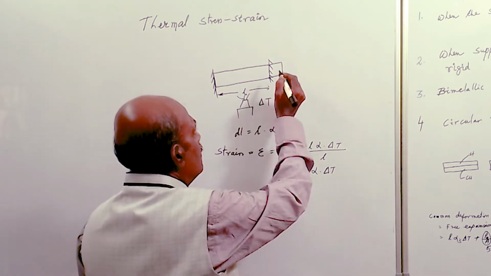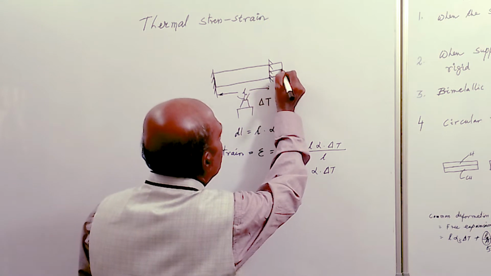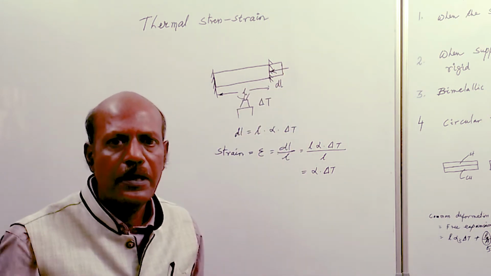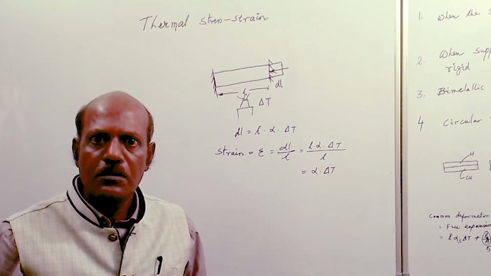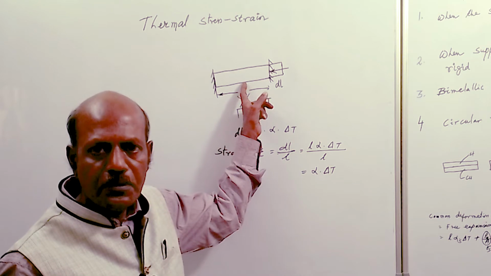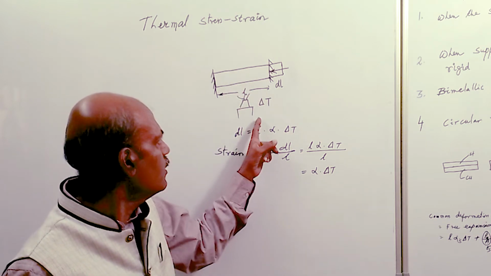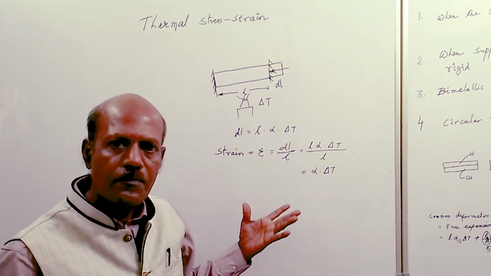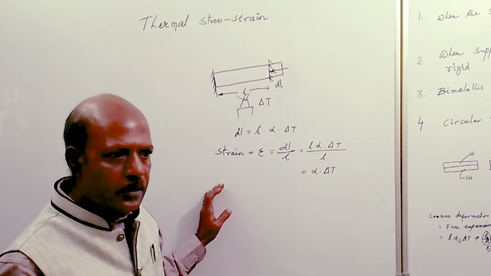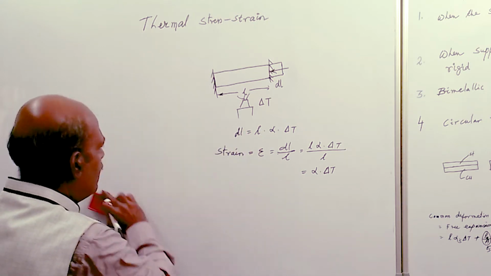In other words, the support will compress the member by dl amount, thereby a compressive stress will develop in the bar. So the kind of stress developed in the bar, if the temperature is raised, is compressive stress. I hope it is clear, and we will find what stress is developed in the bar.